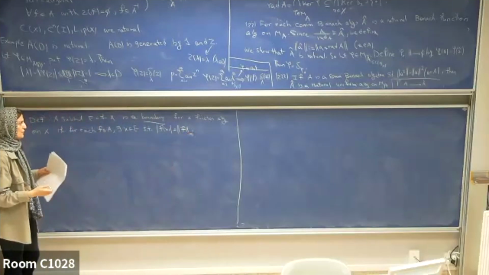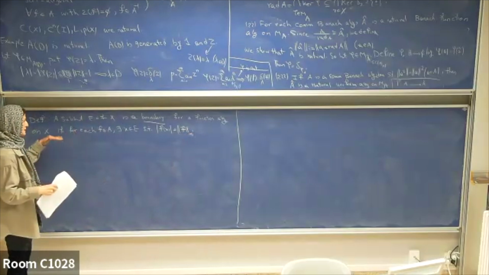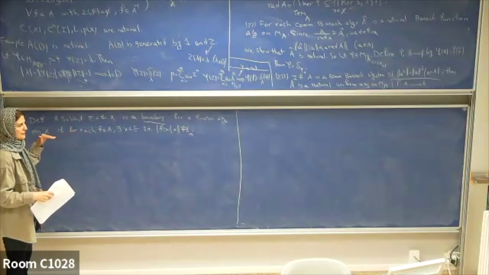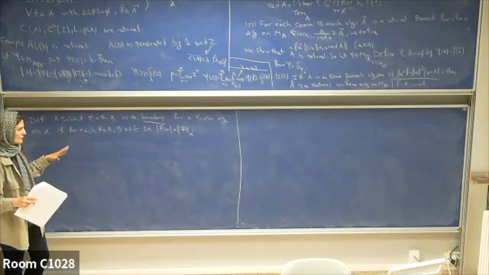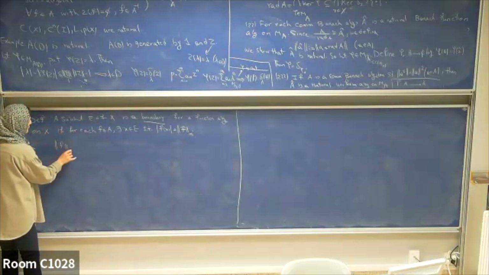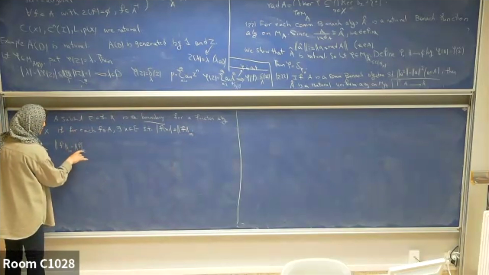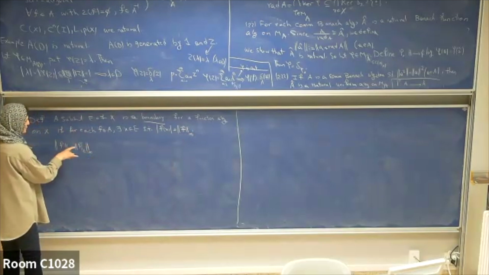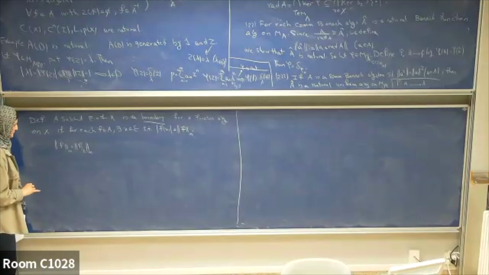So when we have two functions in A which are the same on a boundary, they will definitely be the same on the whole X, because for each f, the supremum norm of f is equal to the supremum norm of f restricted to E. And so because of this, when two functions are equal on the boundary, then they should be equal on the whole X.